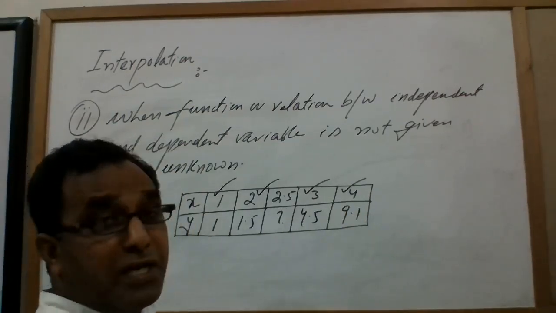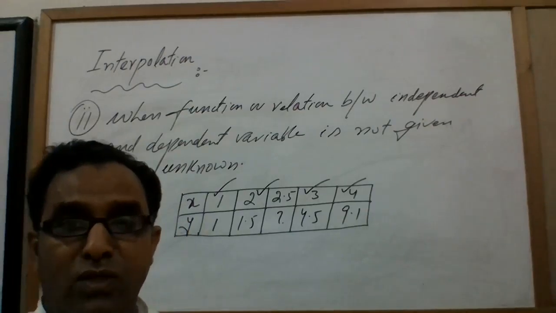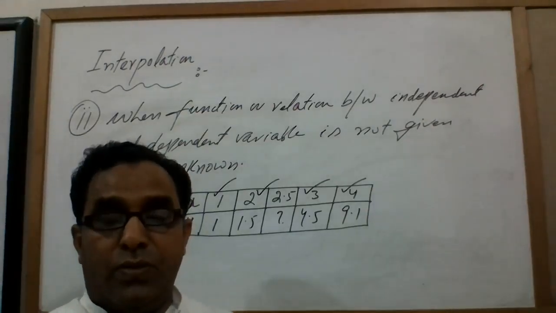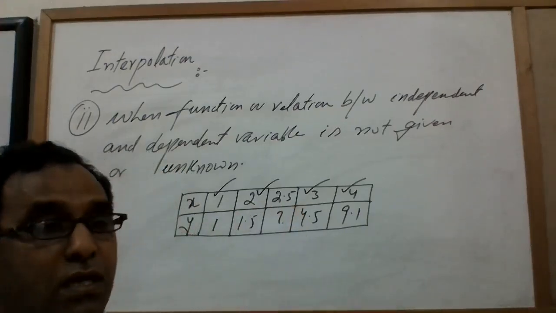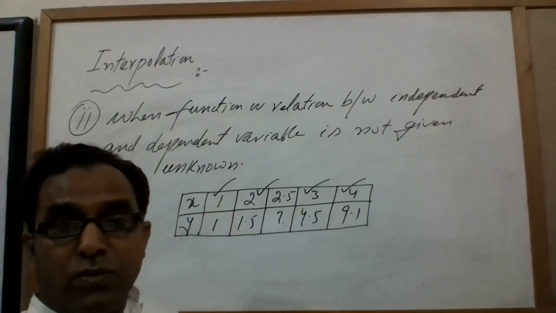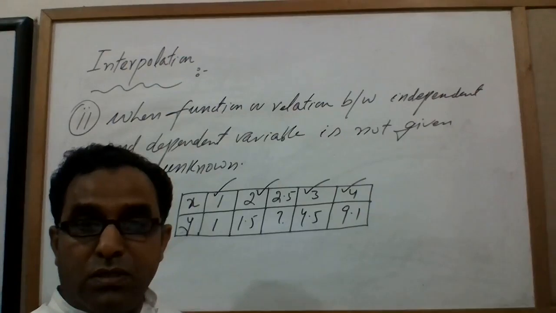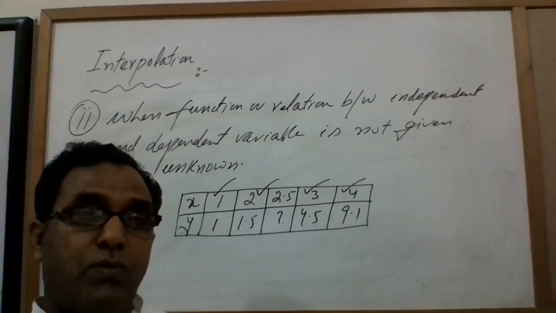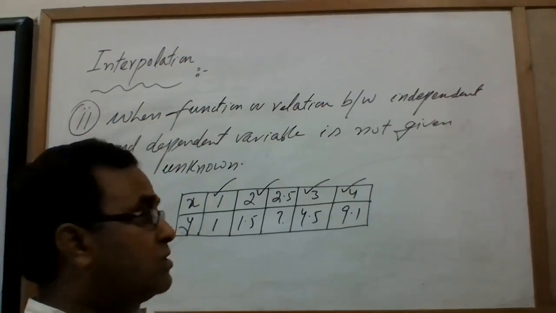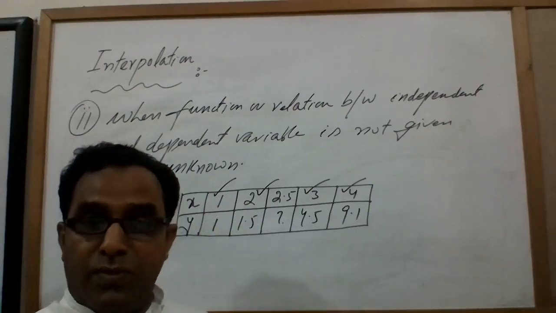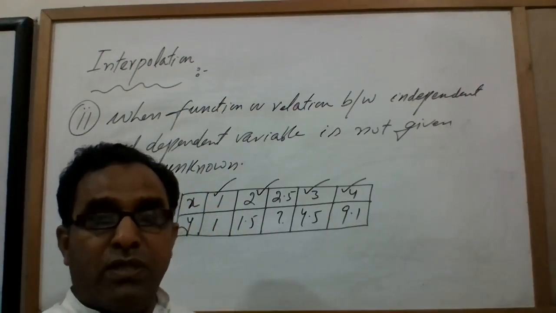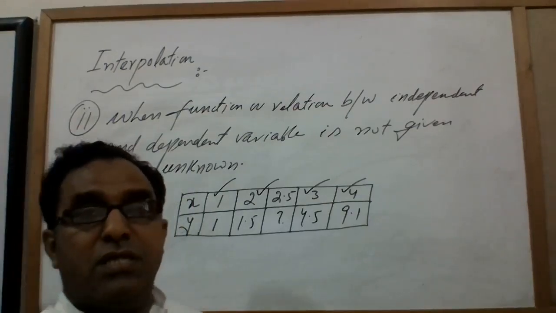Let's say, for example, in this case we are considering only one value of x for which the value of y is unknown. Otherwise, you can see there are infinitely many values of x for which the values of y are unknown. For example, between 1 and 2 there is an extremely large, infinite number of values for which the value of the dependent variable is unknown.